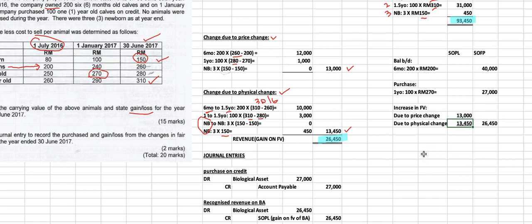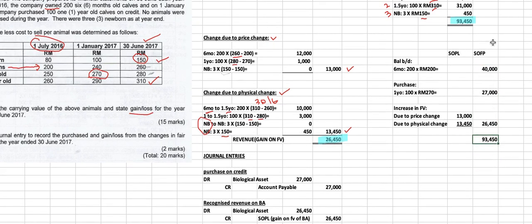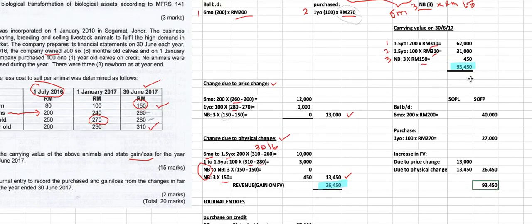And then if you add up this all together, how much will you get? That will be 93,450. So you see, 93,450 is similar to the carrying value that you have calculated here. So this is actually the fair value of the BA at the end of the year.